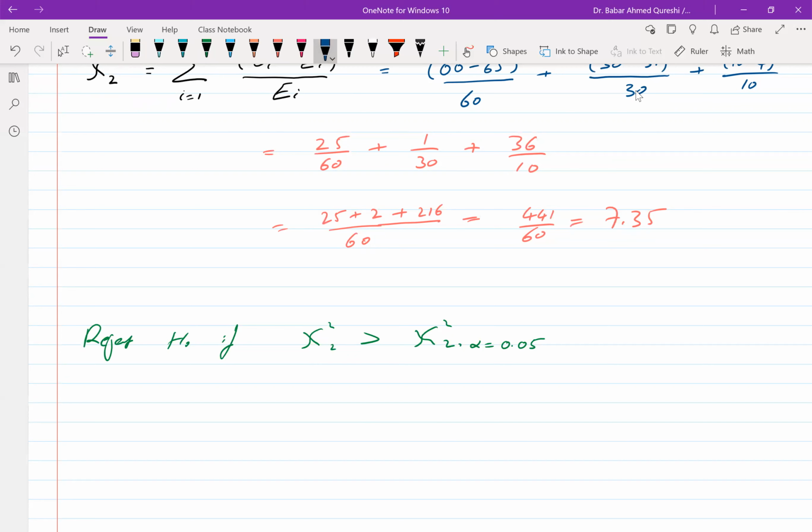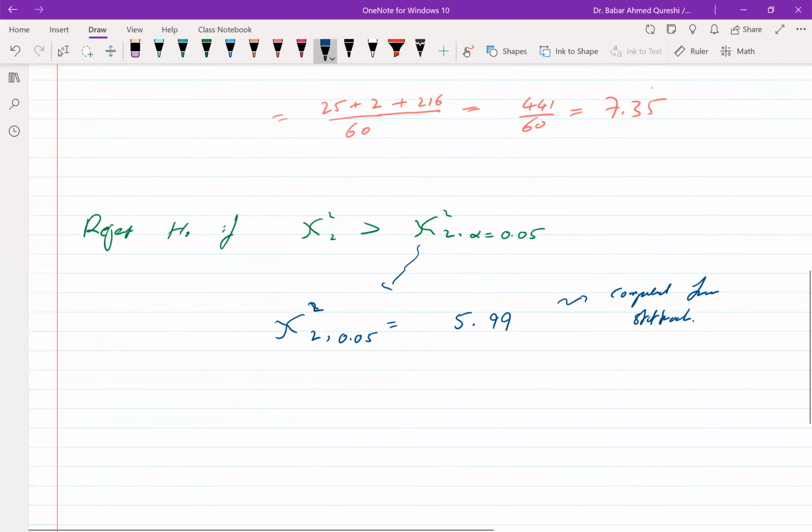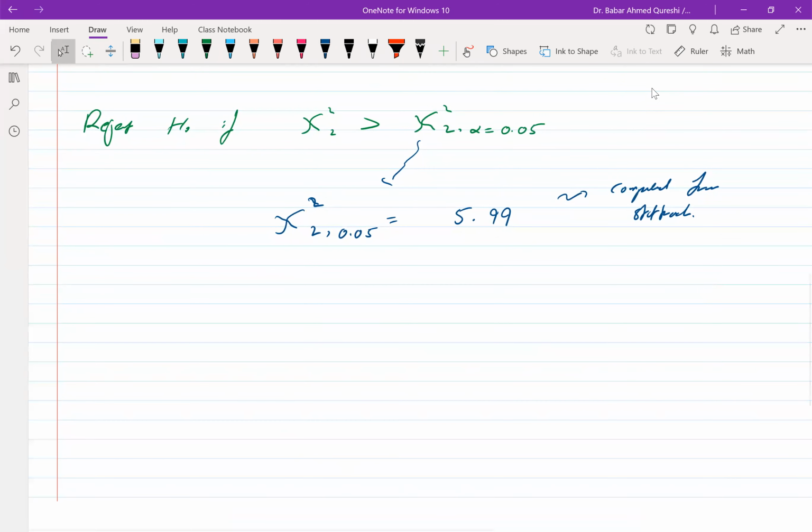To do that, all you have to do is look up this critical value. So this value comes out to be 5.99, computed from StatTrack, or you can do it from SPSS or from your tables.